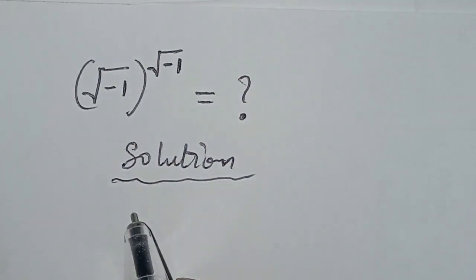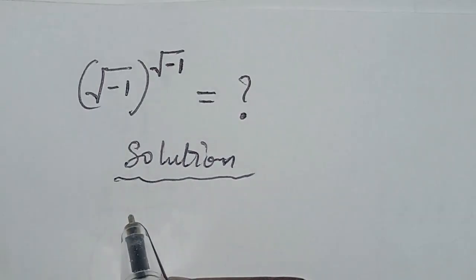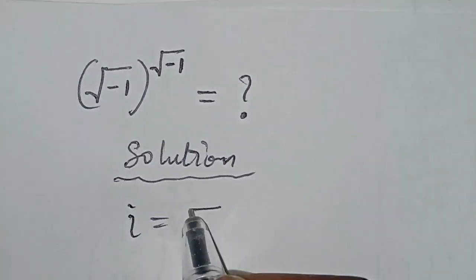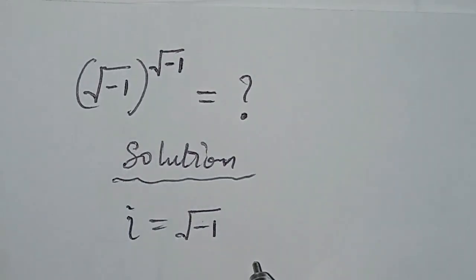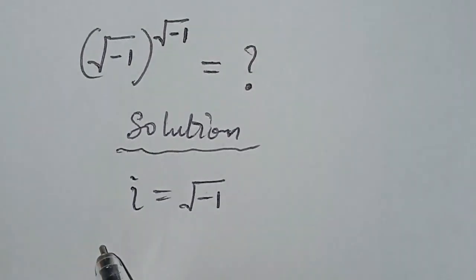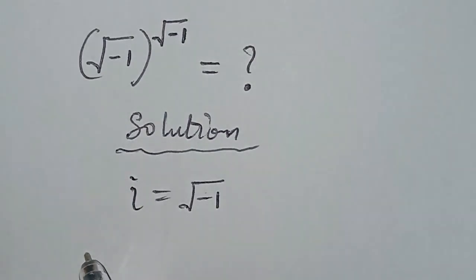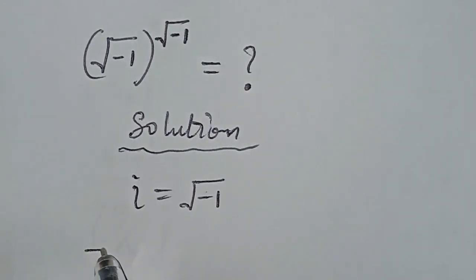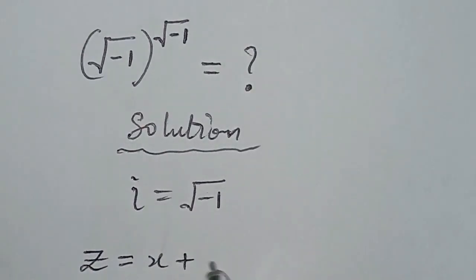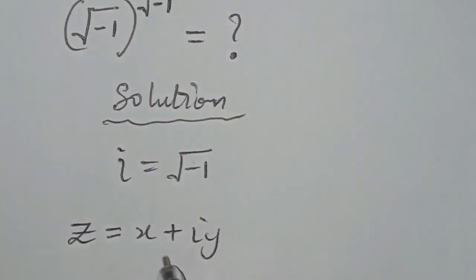So what we need to do first is we know that i is equal to square root of minus 1. So starting from here, we understand that a general complex number can be represented by z equals x plus iy.